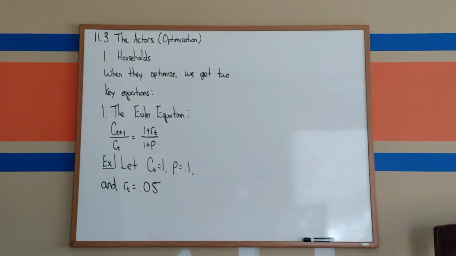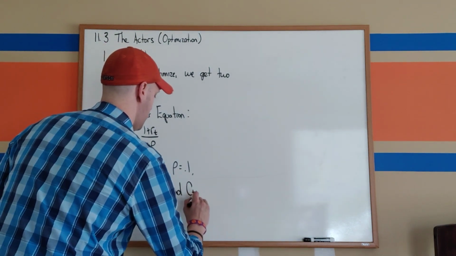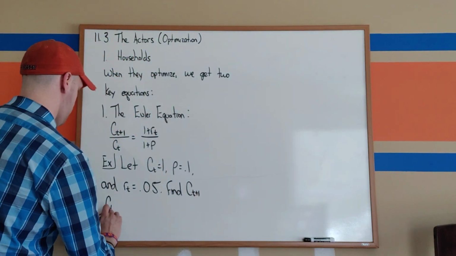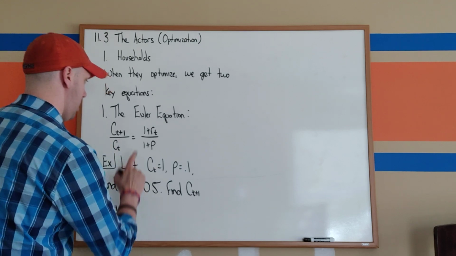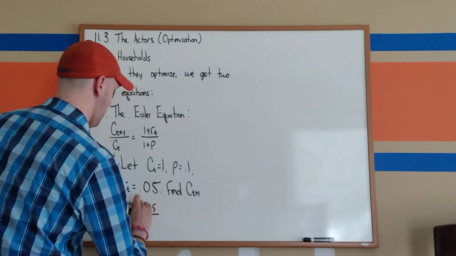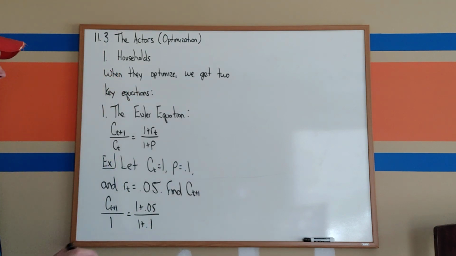Let's say that current consumption is 1, rho is equal to 0.1, and the real interest rate is equal to 0.05. We want to know what future consumption is going to be. Well, we just plug and play. I've got C_{t+1} over C_t, which is equal to 1, equals (1 + 0.05) divided by (1 + 0.1).